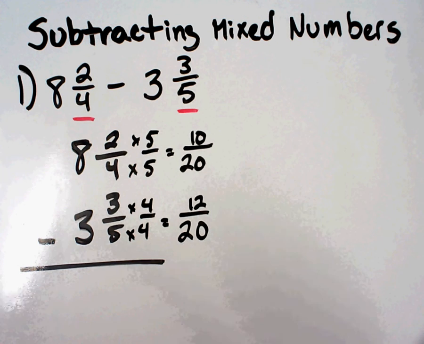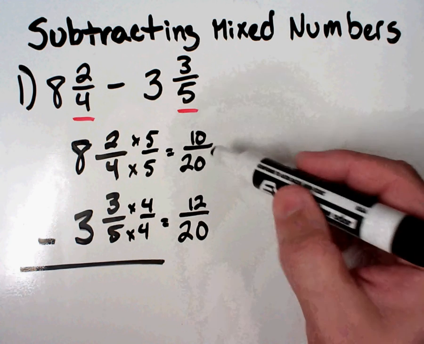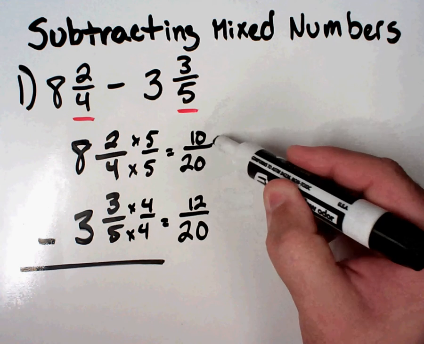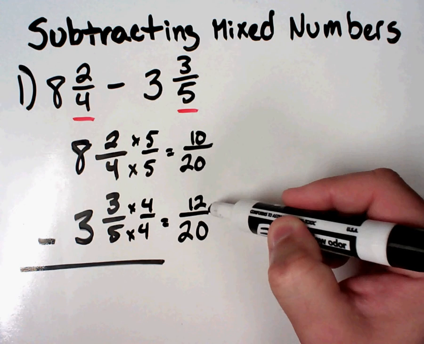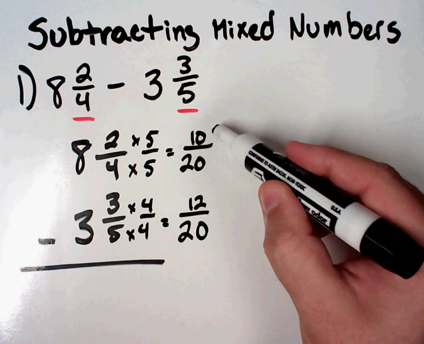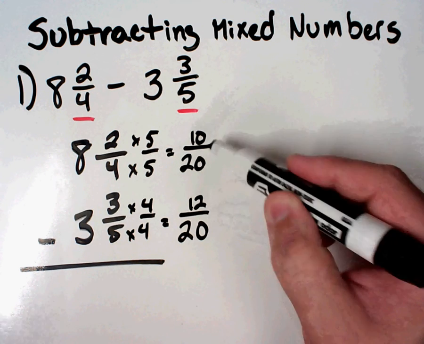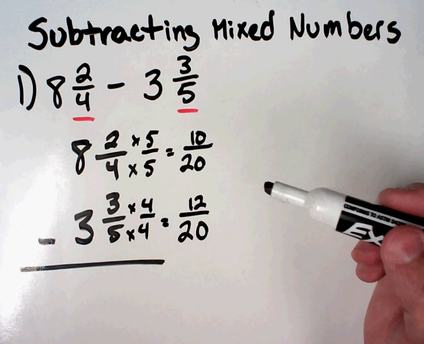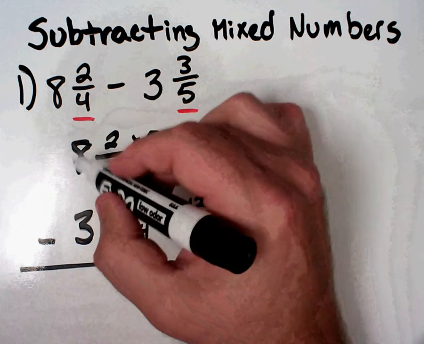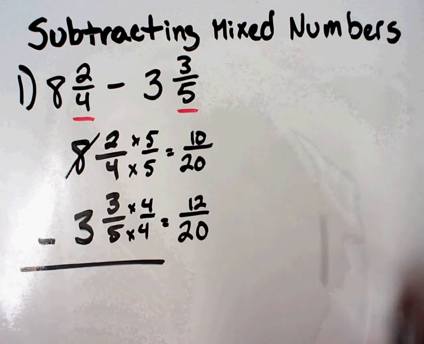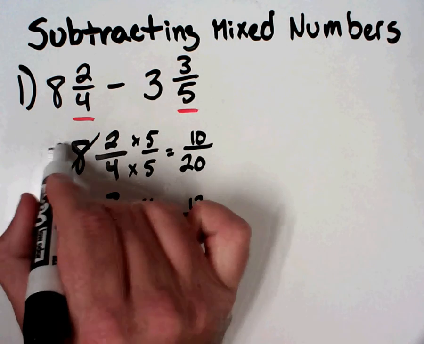Now we have a problem here because I cannot subtract 12 from 10, because 10 is smaller than 12. 12 is greater than 10. So I need to regroup. I need to borrow. I'm going to change my 8 to a 7.